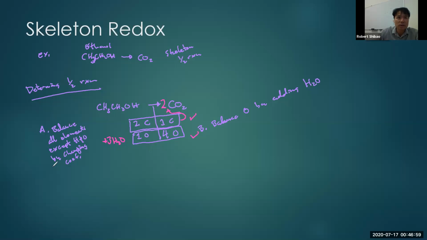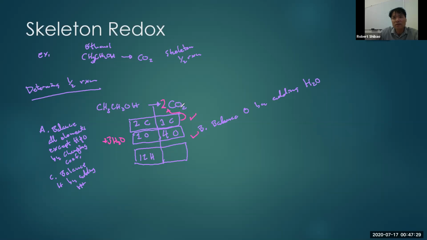Now let's go on to C. The next step is we're going to balance the hydrogens. Balance H by adding H plus. And so when I look at the H's here, on the left, let's count all of them, including the waters. And so I have 3, 4, 5, 6 plus 6 gives me 12 H's on the left altogether.